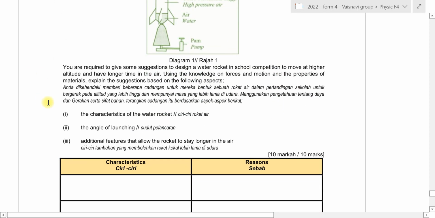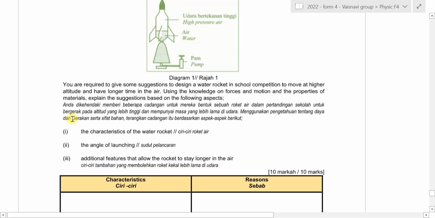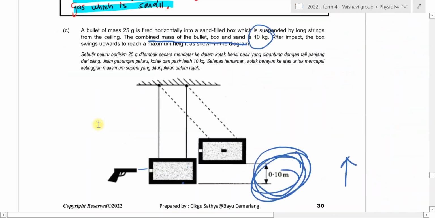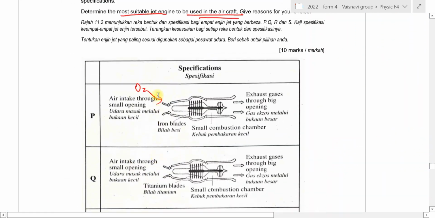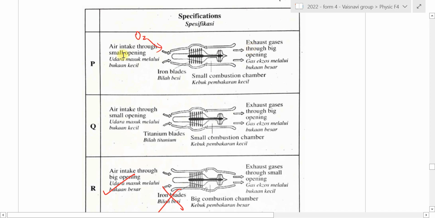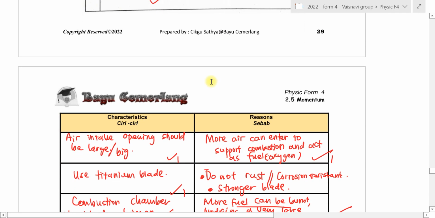Okay, next kita nak buat satu roket air. Okay, you are required to give some suggestion to design. Ini soalan susah sikit sebab apa? Yang ini kamu sendiri kena design. Kalau section B, apa perbezaan antara section B dengan section C? Section B, dia dah bagi specification semua. Characteristic, kita kena choose sajalah.